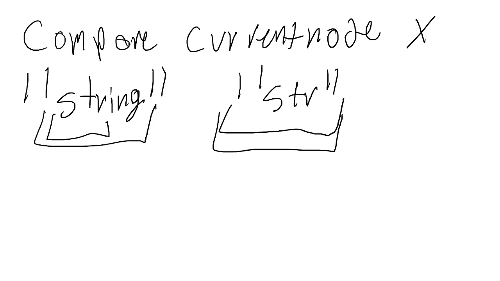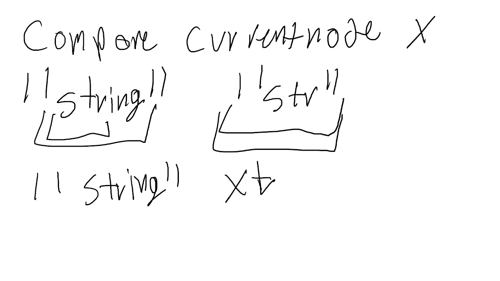what you're going to be doing is, let's say for the sake of right now, X T R R. For the sake of right now, let's say string is our current node that we're working with, and X T R is the one we want.